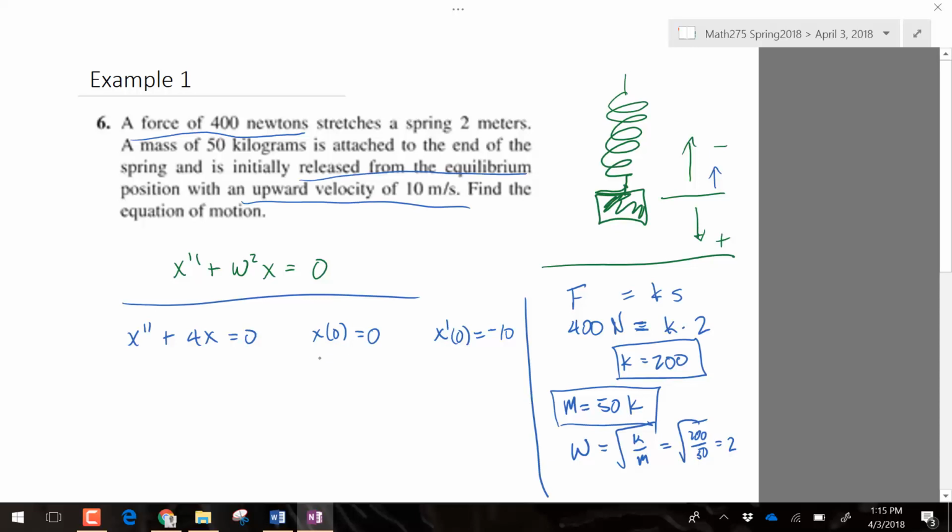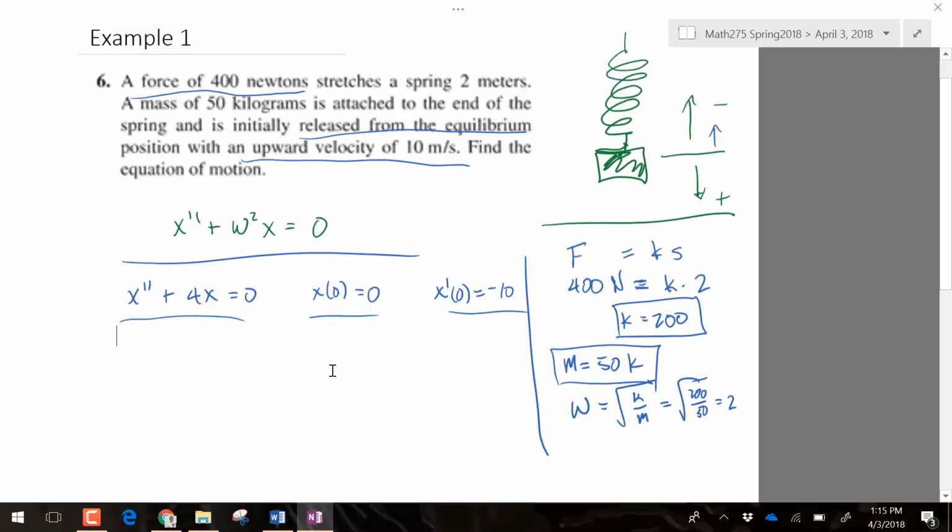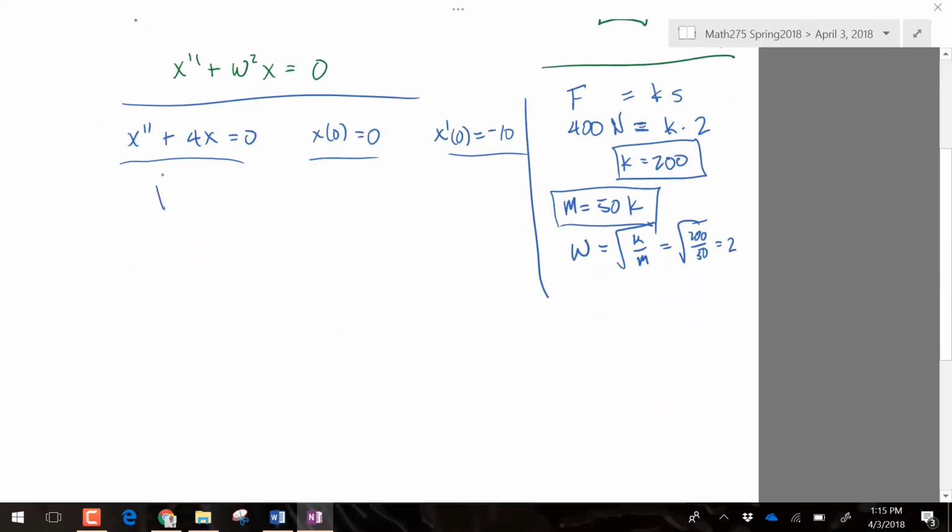So I think we're all set. We have our initial conditions, we have our differential equation, so we have an IVP. And now we know the solutions. I mean, if you want to have fun with it, we could find the solutions, but we know them already.